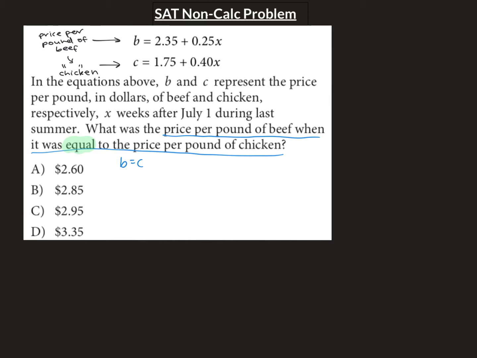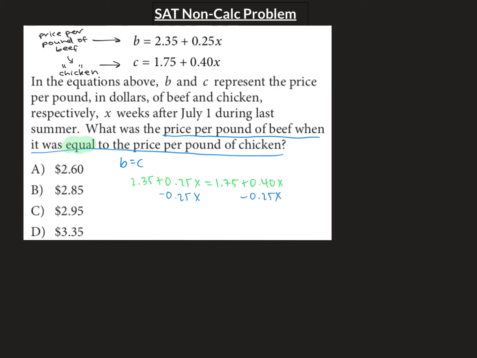So now we can get 2.35 plus 0.25x is equal to 1.75 plus 0.40x. Now we can combine like terms. So let's go ahead and subtract both sides by 0.25x.